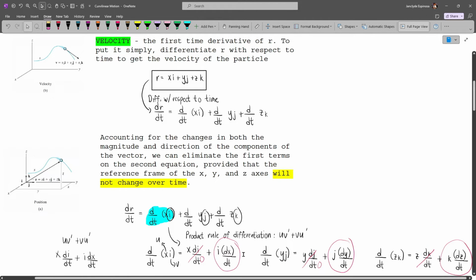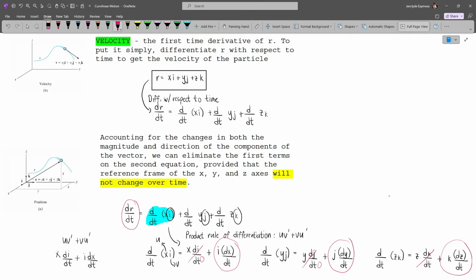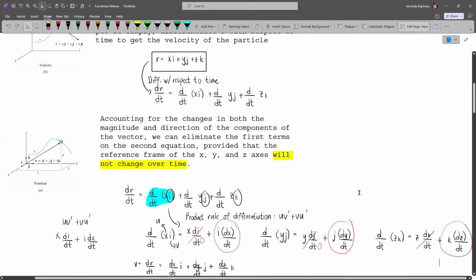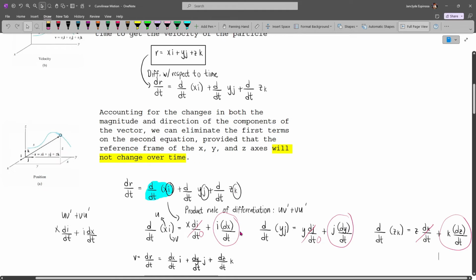And so adding all of these, we can get dr over dt, which defines the velocity of the particle. So we have v equals dr over dt, and then we are left with the following expressions. However, for simplification purposes, let's just put dx over dt first, and dy over dt, as well as dz over dt, before the ijk components.